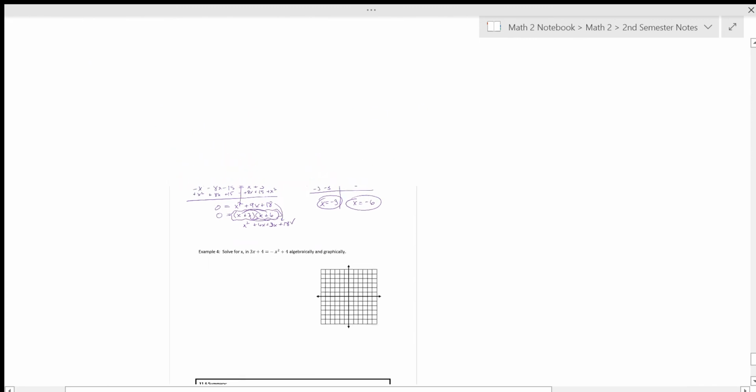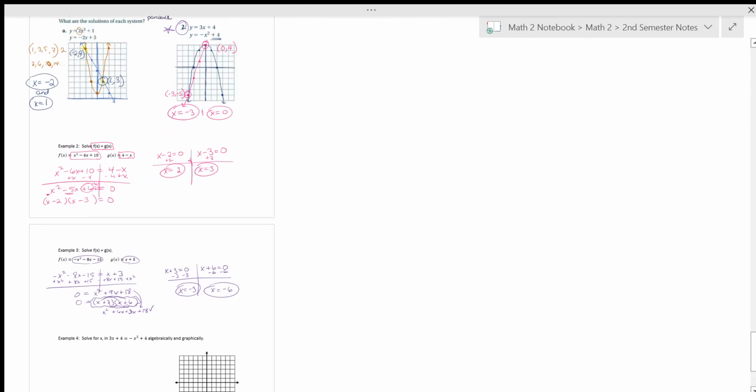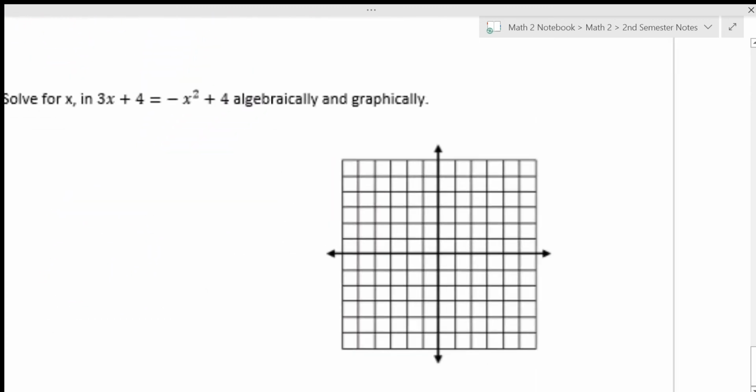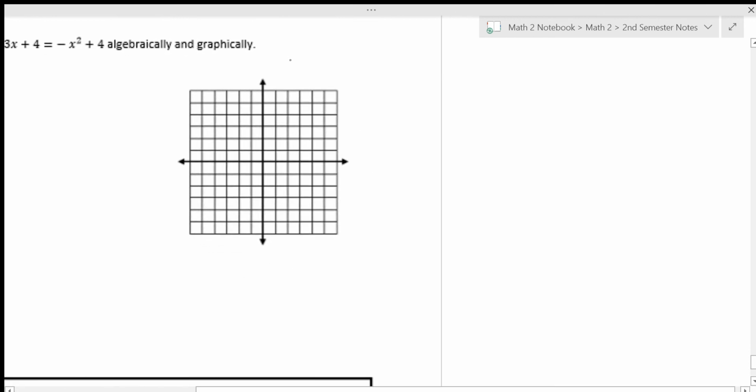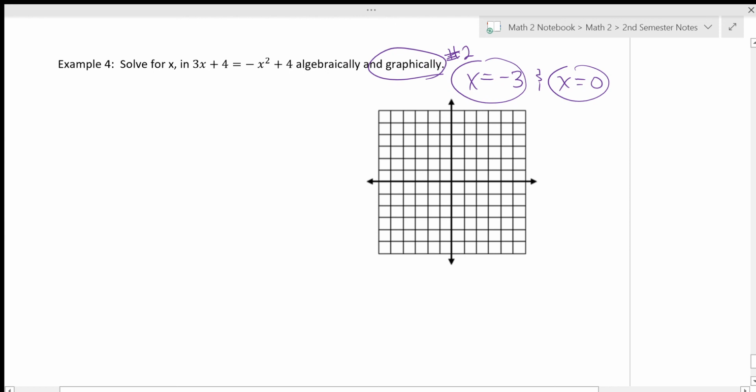When we solved for it graphically on that number 2 example, we got that x equaled negative 3 and x equaled 0. So graphically is number 2 up above. Okay, so what we want to do now is we want to solve it algebraically, and we should get the same x values.